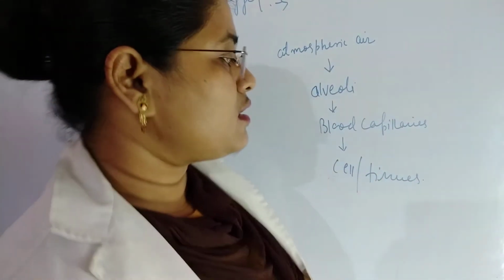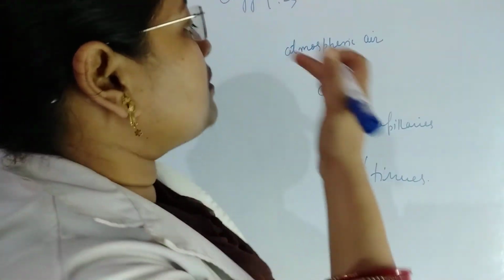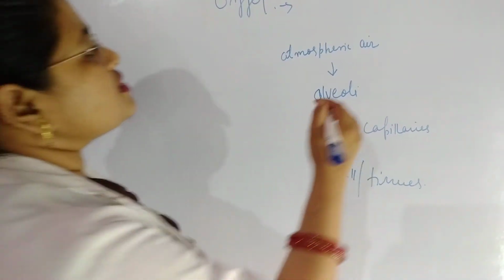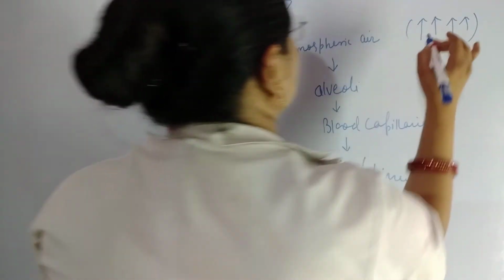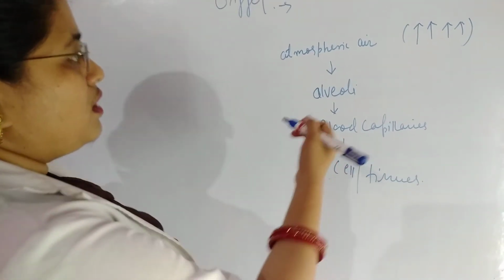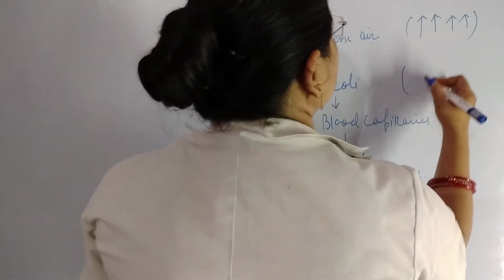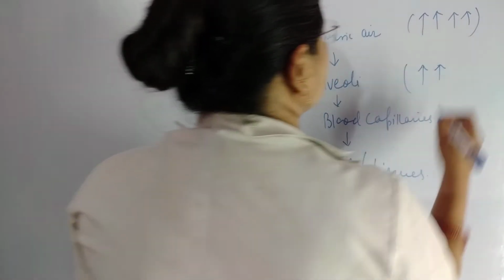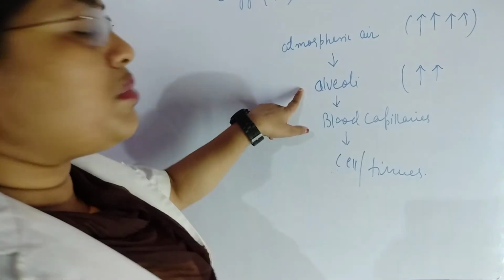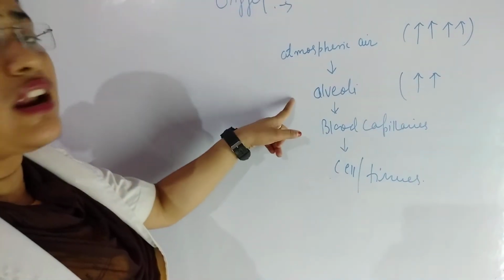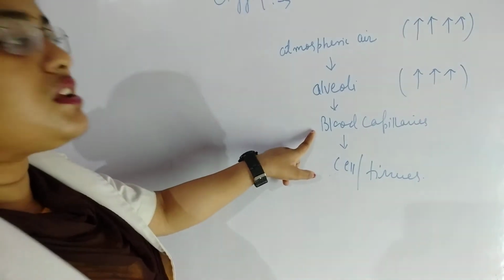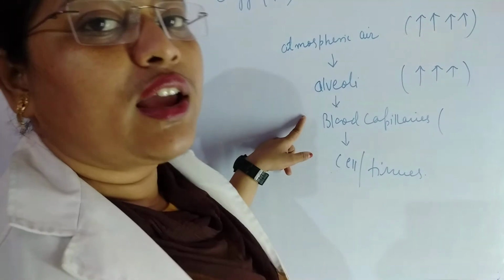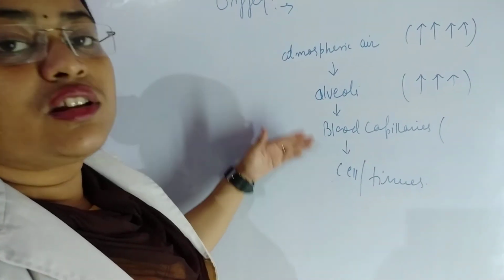Here we can easily understand that the concentration of oxygen in atmospheric air is maximum. In alveoli, concentration is more than blood capillaries but less than atmospheric air. In blood capillaries, concentration of oxygen is less than alveoli and more than tissues.